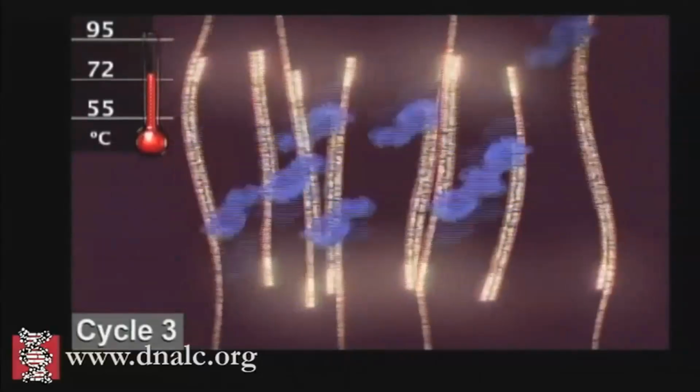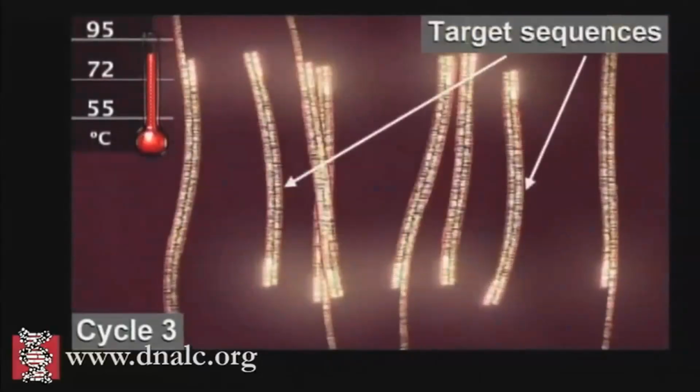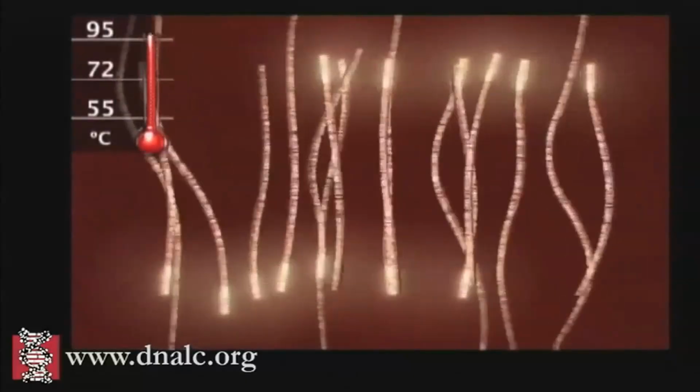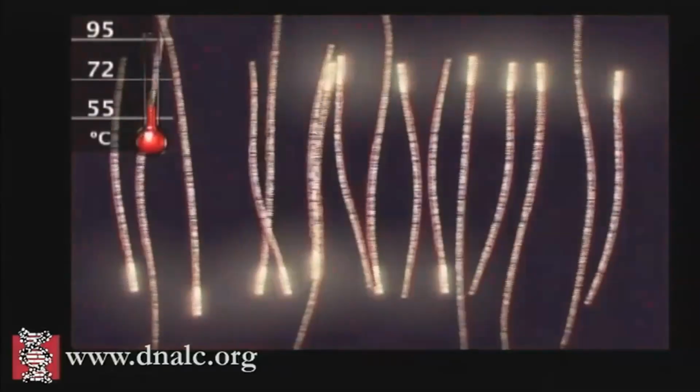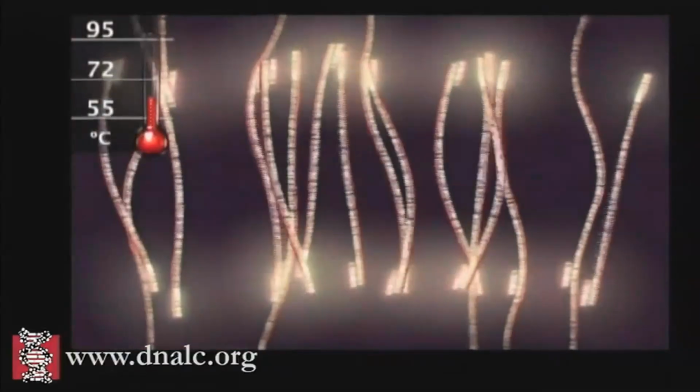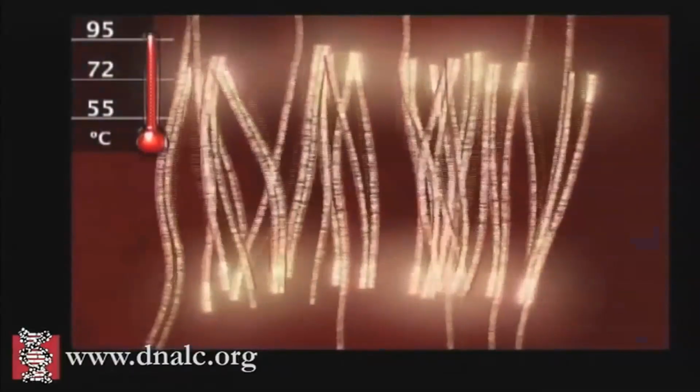After 3 cycles, the target sequence defined by the primers begins to accumulate. After 30 cycles, as many as 1 billion copies of the target sequence are produced from a single starting molecule.